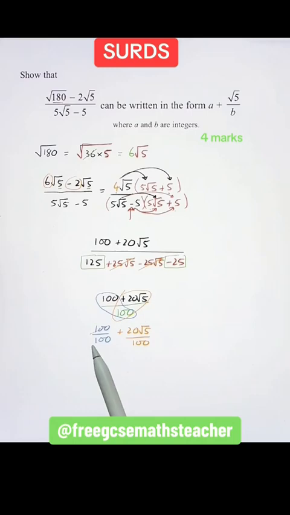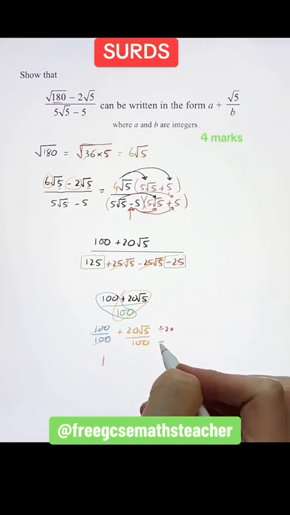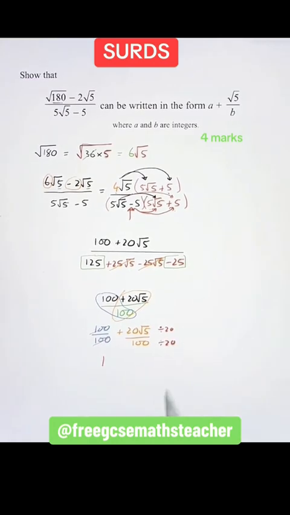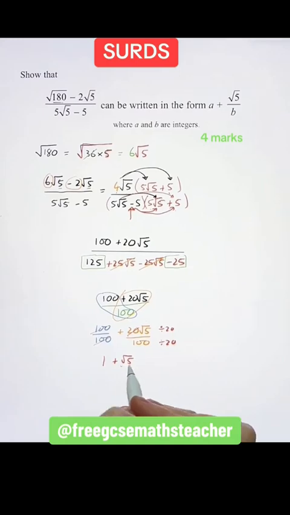I know that 100 over 100 gives us 1. For 20 root 5 over 100, look at the numbers in front: 20 and 100. The highest common factor is 20, so I can divide the top and bottom by 20. 20 divided by 20 gives us 1, and I've got 1 lot of root 5, which I simply write as root 5. On the bottom, 100 divided by 20 gives us 5.